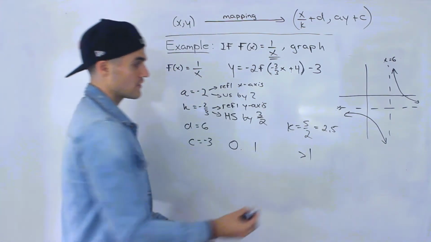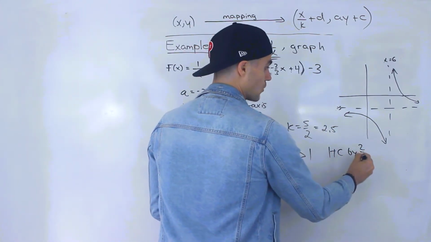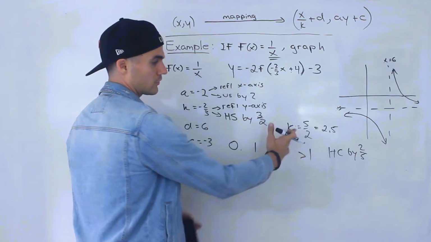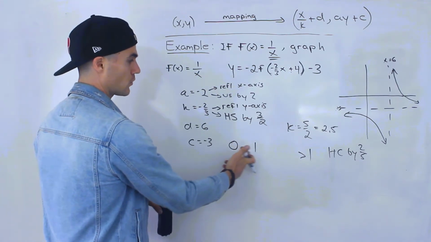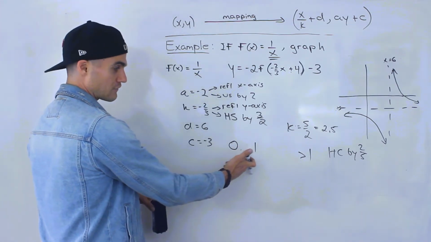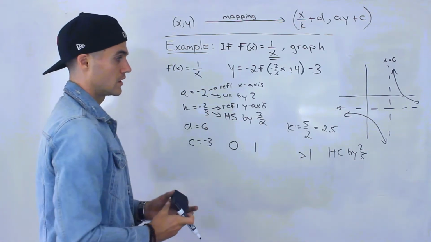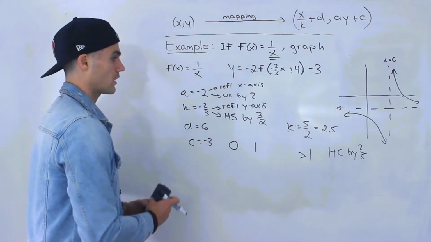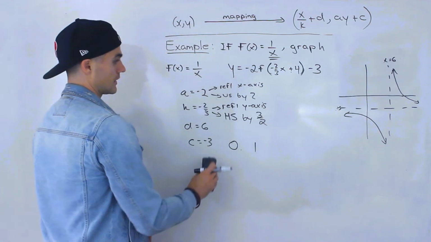And so the description for this would actually be a horizontal compression by 2 over 5. But sometimes students will see a fraction and get confused, because usually with fractions we're used to them being between 0 and 1. And if the k value is between 0 and 1, it's a horizontal stretch by that reciprocal. But sometimes the fractions could actually be greater than 1. So just be on the lookout for those. That's another common mistake that I've seen as well.